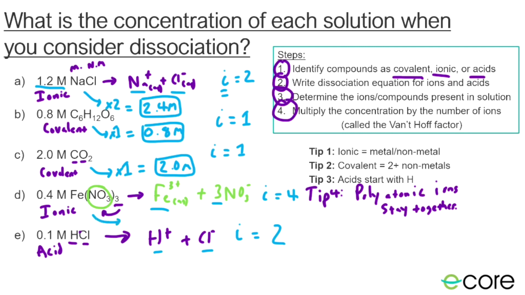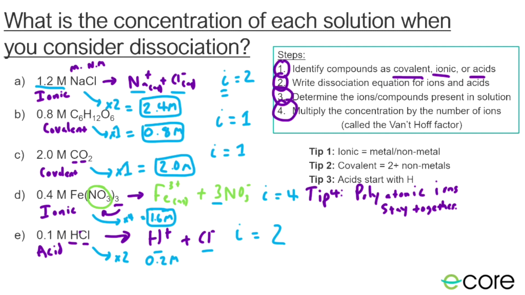There's 4 separate things that come out of that ion when you put it in solution. And so that's going to give you 0.4 times 4, which is 1.6 molar. Okay, and lastly, our HCl, it's split apart into 2 things. So we have 0.1 times 2, and that's going to give us 0.2 molar.